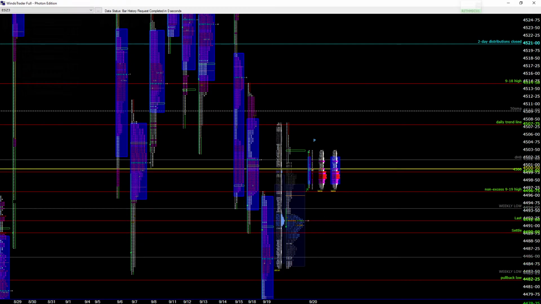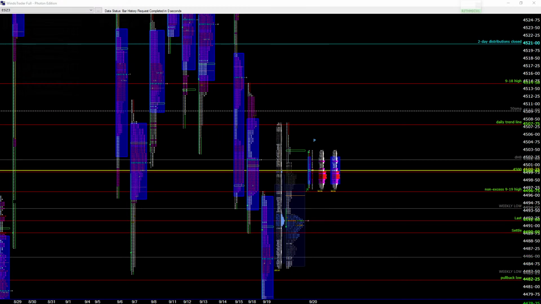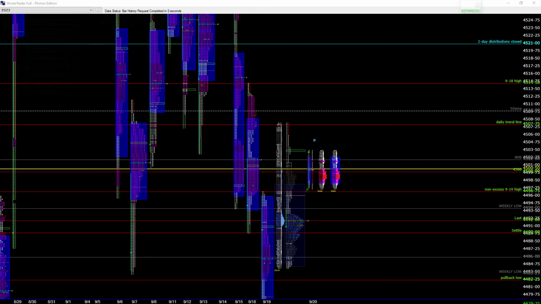Now, what's happening with the bond market here? The bond market is good. The intraday has almost taken yesterday's high.